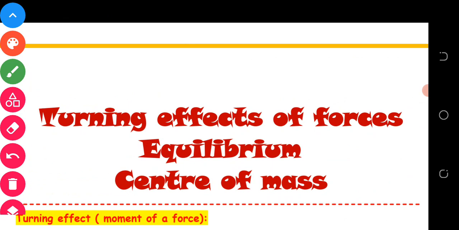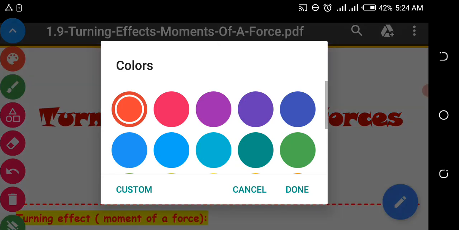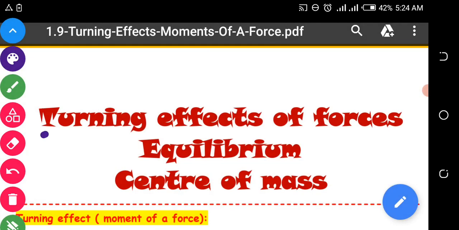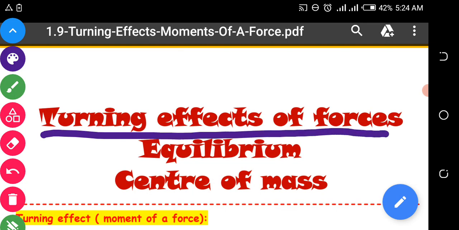In this video, we are discussing Physics 5124 and Physics 5054, and the topic we are discussing is turning effects of forces and equilibrium. So we are discussing turning effects of forces and equilibrium.